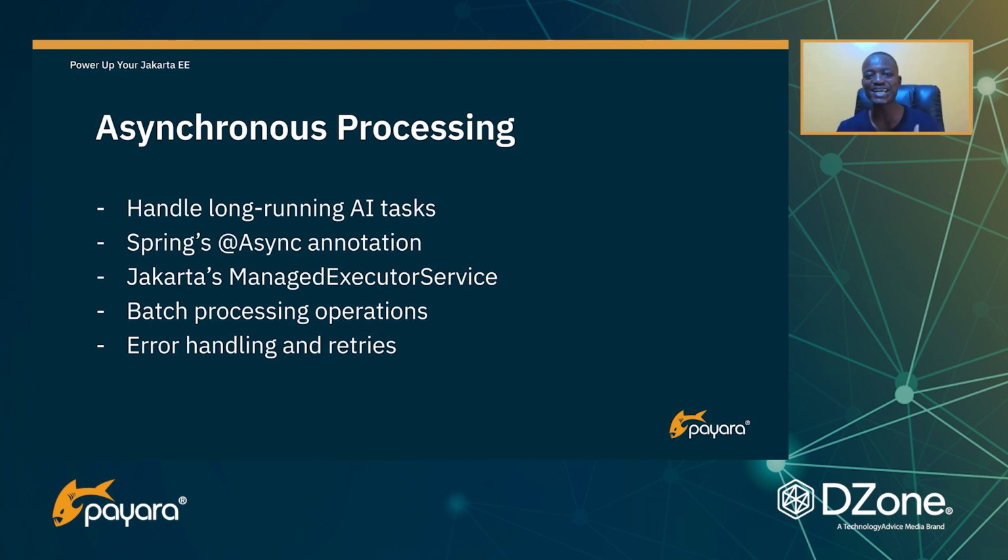Both Spring and Jakarta EE have resilience constructs that you can implement to handle errors properly in a graceful manner. So if a method fails, you want to retry. For instance, if you are doing retrieval augmented generation and then for some reason your storage bucket is not accessible, a good example is that the database I'm using says I've reached my limit for the day.